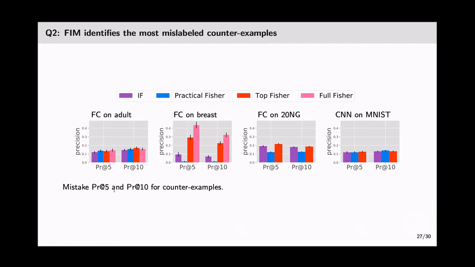So we look at the first 5 and first 10 counterexamples selected by these different strategies. And we can see that top feature is the best, except for full feature, which, however, is impractical in our case because the computational cost is very high, as we need to compute the matrix for all the model parameters. So basically, using top feature is the way to go.